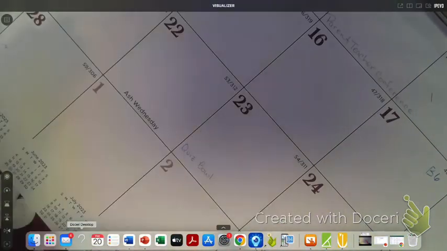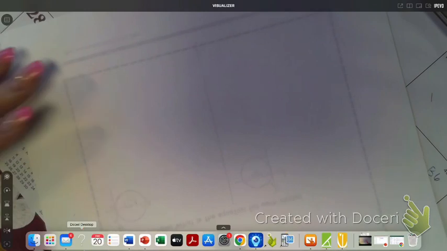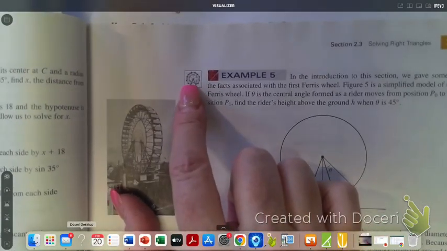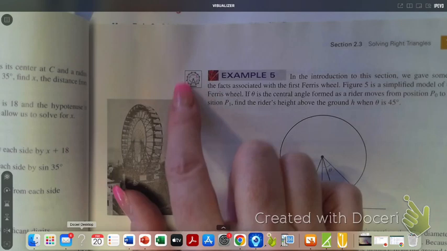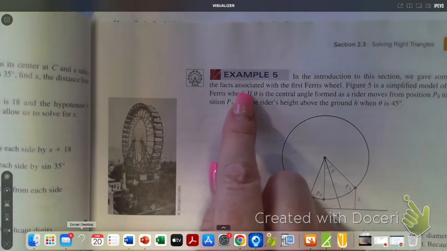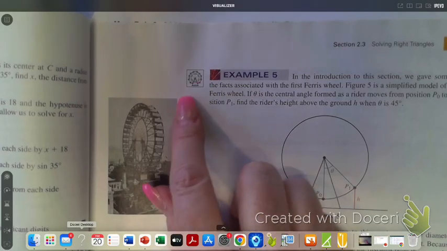Okay, now we're going to do the Ferris wheel problems, my favorite. We talked about this big, huge Ferris wheel the other day, didn't we? Yeah. Okay, I'm going to give you our visual again. This book is awesome because anytime there's a Ferris wheel problem, they put a Ferris wheel. So what that should do to you is say, okay, wait a second, how did we build this Ferris wheel?